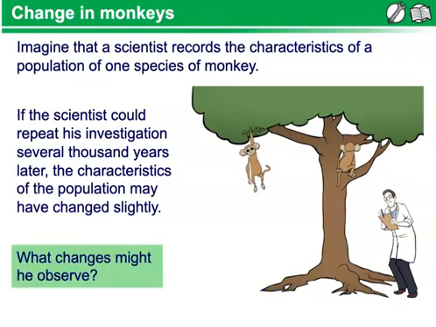Physical changes that may occur include things like fur color over long periods of time. Tail length may be a change that we exhibit in this population of monkeys, or even behavioral changes. For example, this species' reaction to danger.